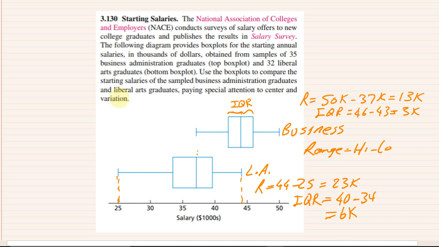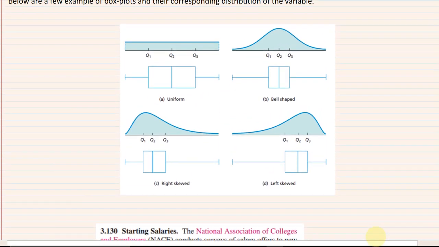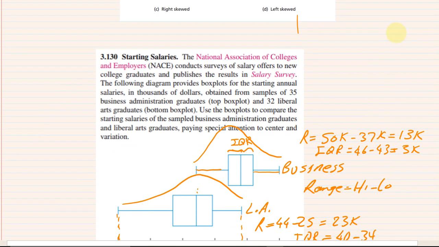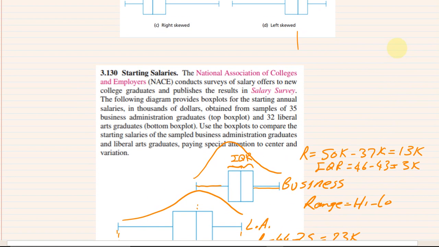Now, if you look at the distribution of these, it looks like the distribution of liberal arts major salary is skewed to the left, and the distribution of business major is almost symmetric, isn't it? Remember how this looked for a normal distribution? We're not too far from it. Look at this one, and look at the one that we see here for business majors.